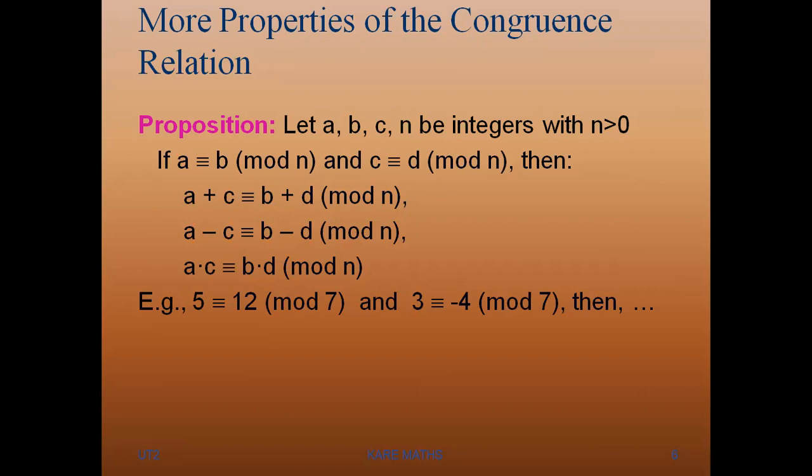Then, if these two things are true, their addition, A plus C, is congruent to B plus D mod N. Also, the difference, A minus C, is congruent to B minus D mod N.